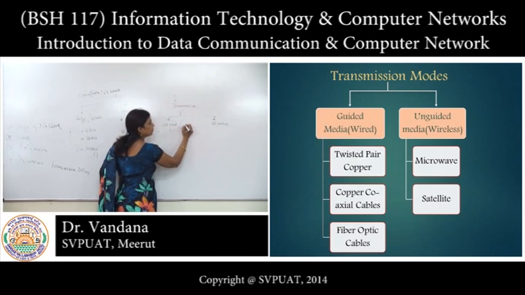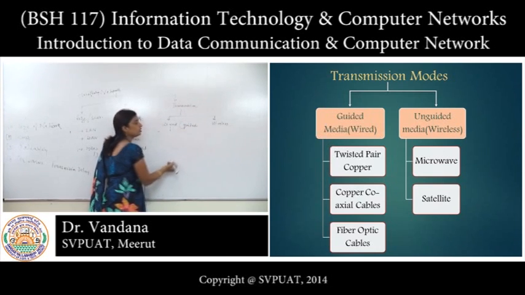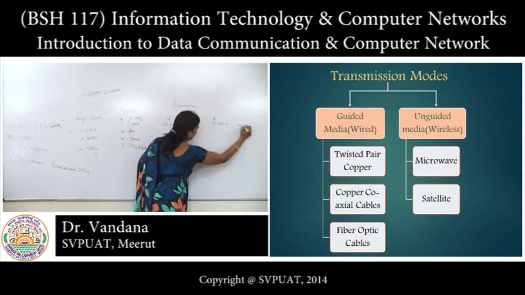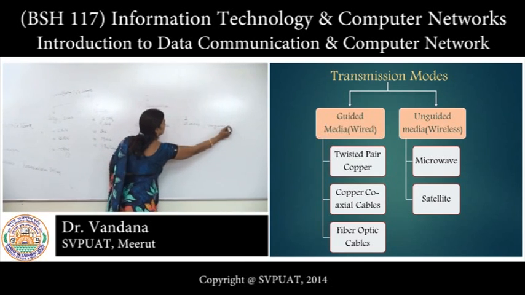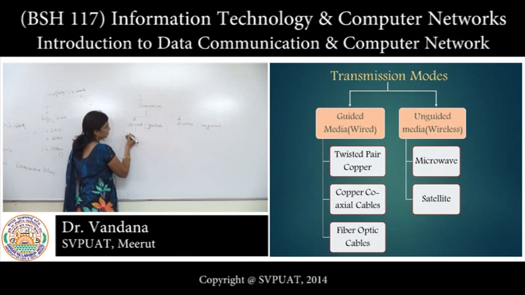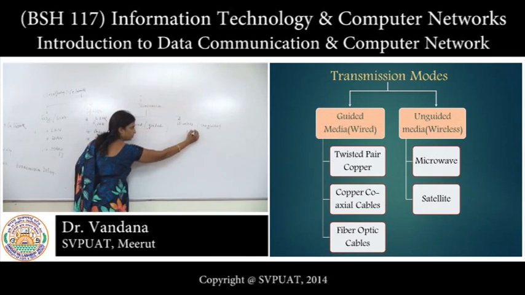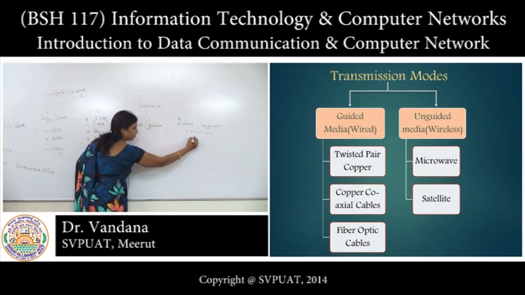Wired network can also be known as guided network or guided media. The network using unguided media is known as wireless, unguided. In wireless communication, we can put microwave communication, satellite communication, etc. We must be aware of them.